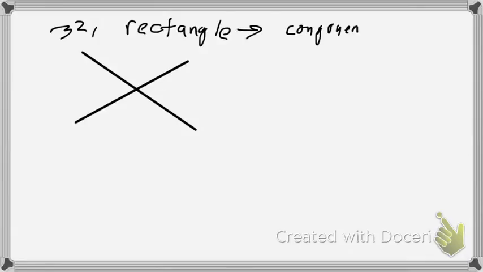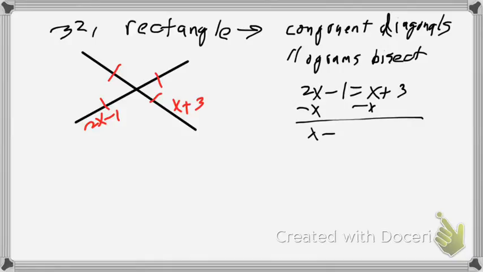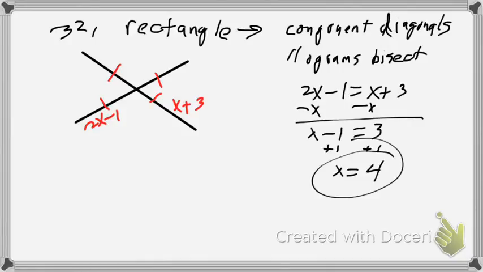That means if one of those pieces is 2x minus 1, and one of those pieces is x plus 3, we can just set them equal to each other and solve. 2x minus 1 equals x plus 3. Subtract x from both sides, we get x minus 1 equals 3. Add 1, x equals 4.